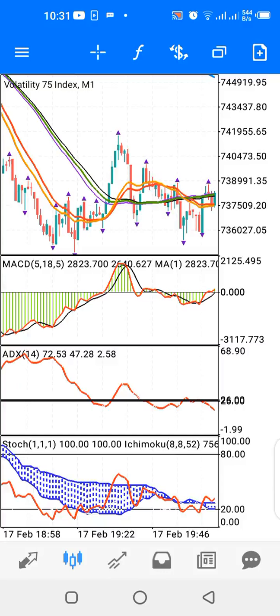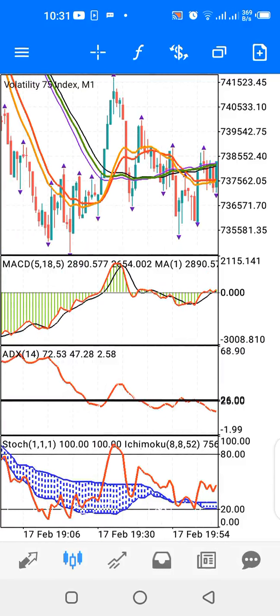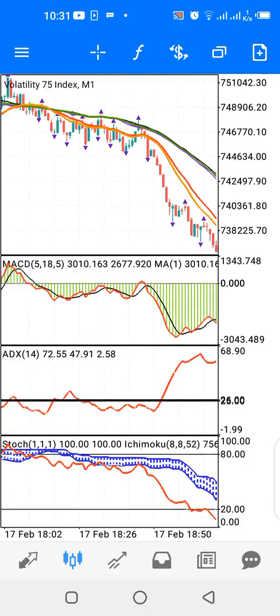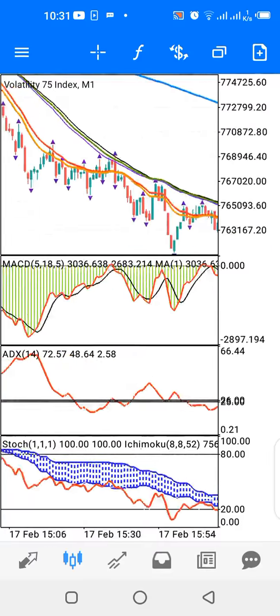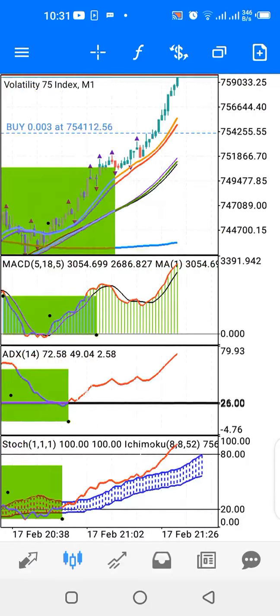So if we go to the main chart, we have the two orange colored lines. Then we have the black, the green, and the purple lines. Okay, now the way this strategy works is, let's look at what's happening now.